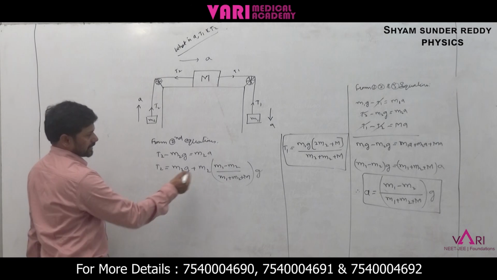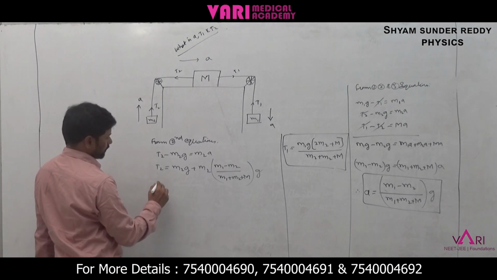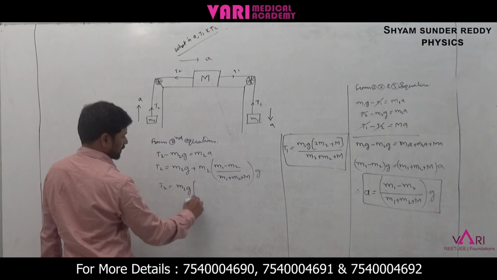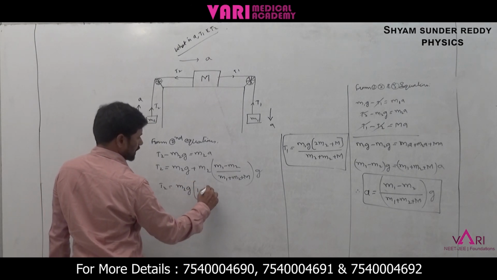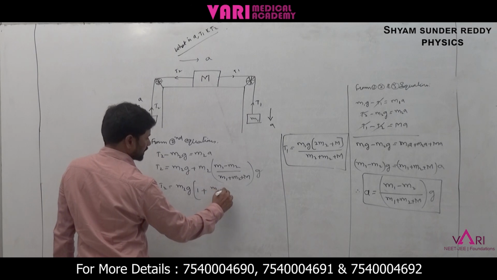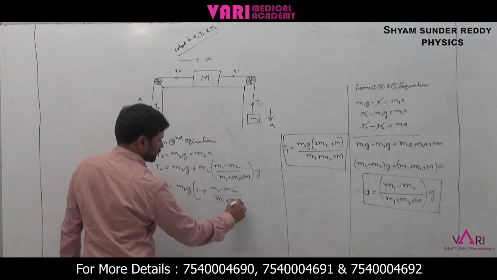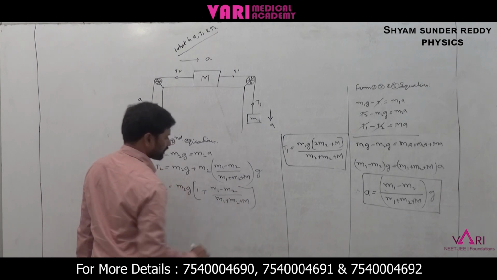So just take the common m2g. T2 is equal to m2g times (1 plus (m1 minus m2) by (m1 plus m2 plus M)).